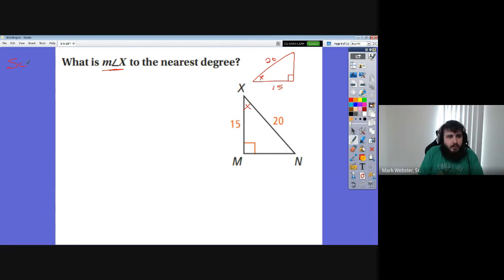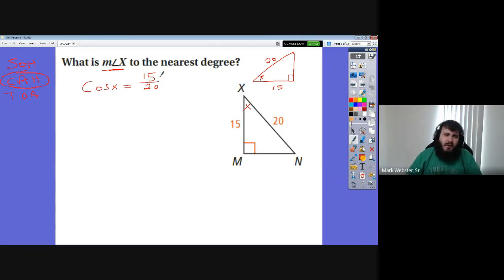So again, which one are we looking at? We've got adjacent and hypotenuse, so we're looking at cosine, ladies and gentlemen. So the cosine of the thing we're trying to find is 15 over 20. Now, some of you are going to be like, oh, yeah, I can simplify that. That's 3 over 4, right? You're putting it into the calculator anyway.